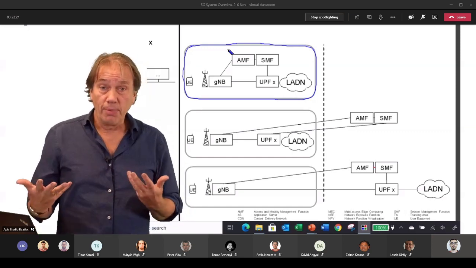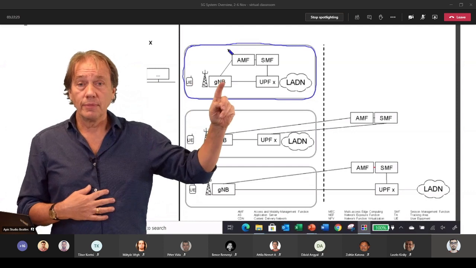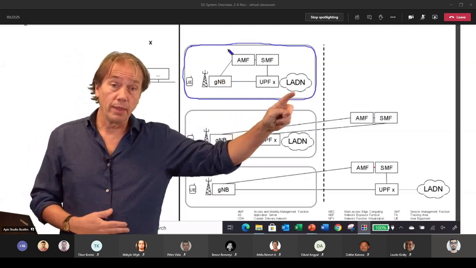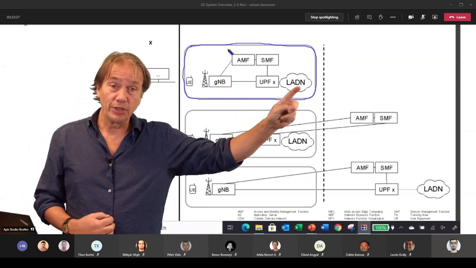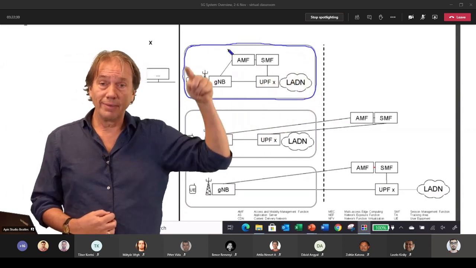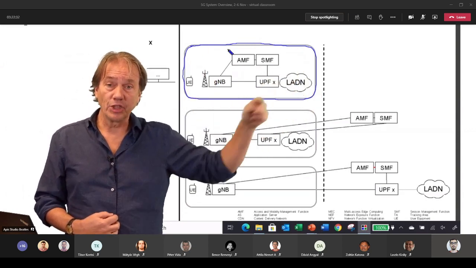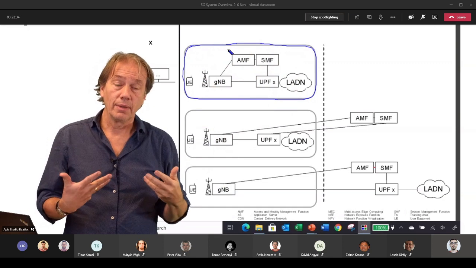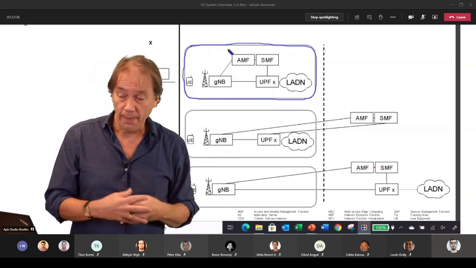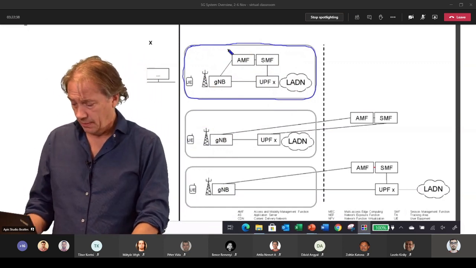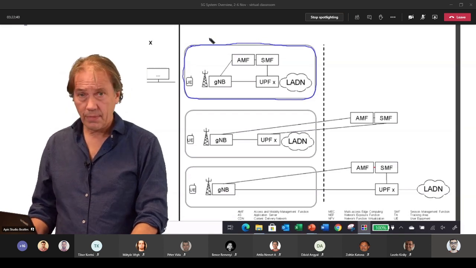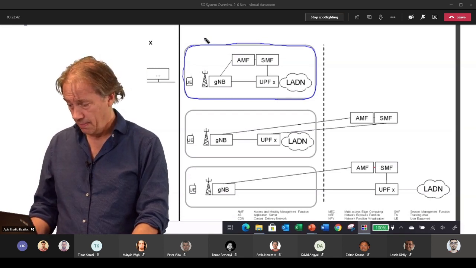So in the first example, everything, the radio network, the core network, and the local area data network itself are located inside the LADN service area. Like this.